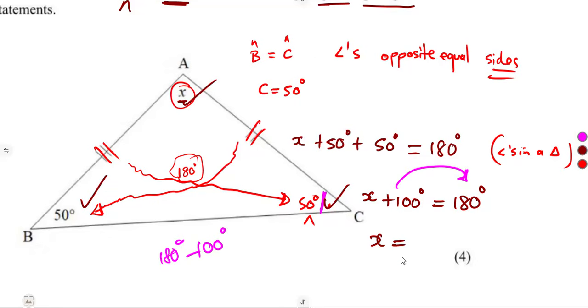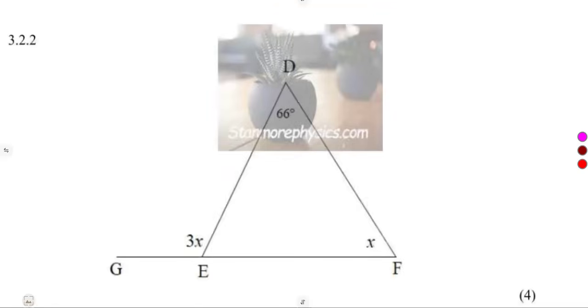So X is equal to 80 degrees, just like that. As long as there is a statement, there must be a reason to support that from your properties of the given shapes. Parallel lines, everything.